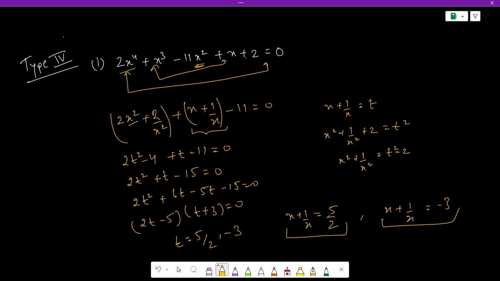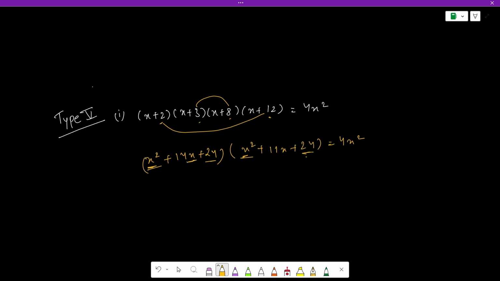If we divide by x here, this term by x and this term also by x, so we can get similar terms. Let me show you how. So this becomes x plus 24 by x plus 14 into x plus 24 by x plus 11 equals 4.